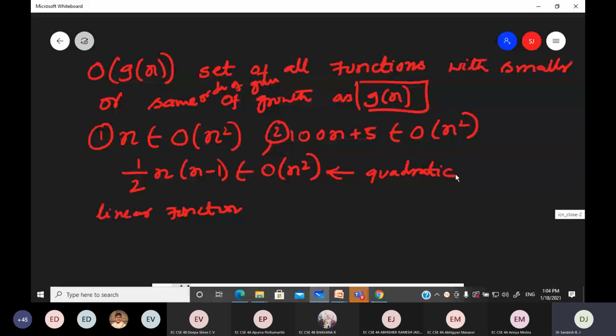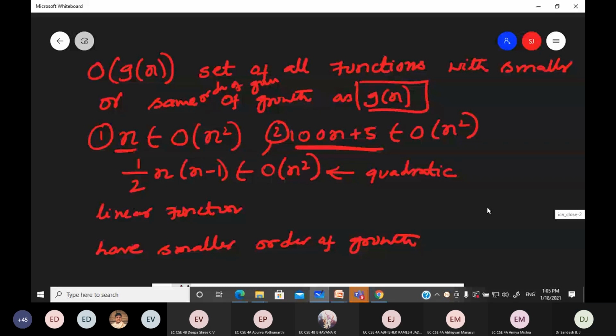So these two linear functions have smaller order of growth than g of n, which is n square.